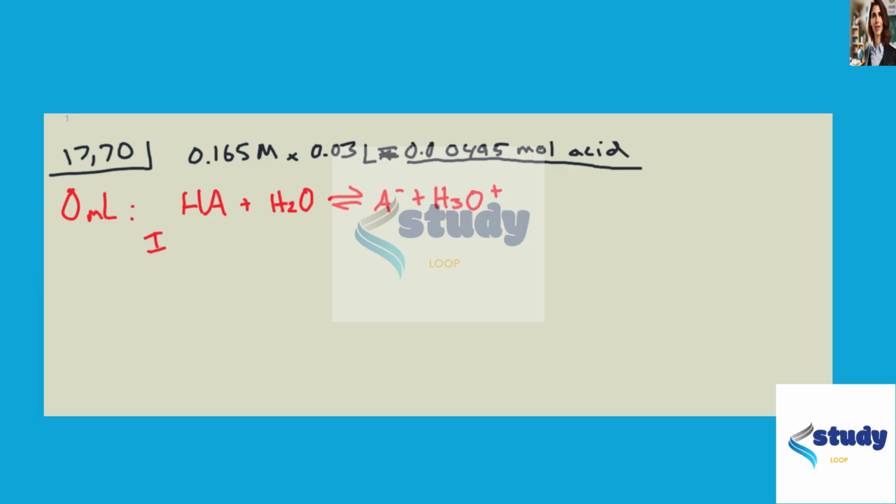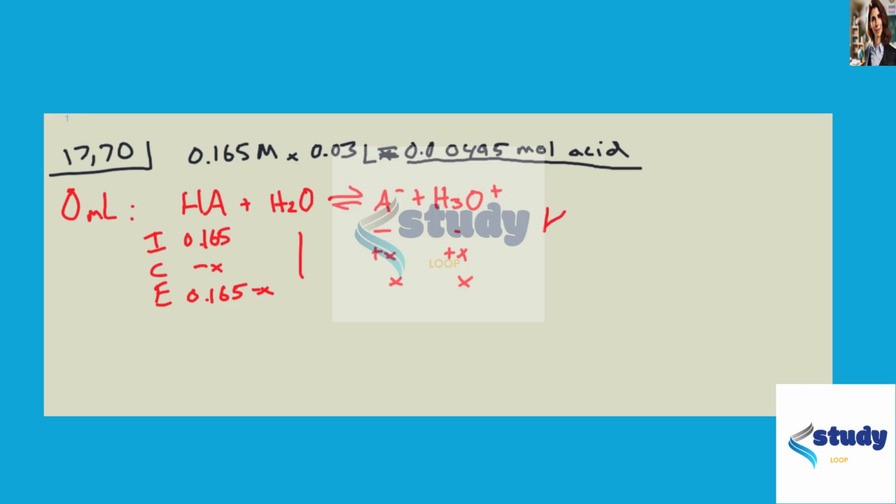Initially we have 0.165 molar HA, none of the products. So we subtract X and add X to the right, and we get 0.165 minus X, X, and X.